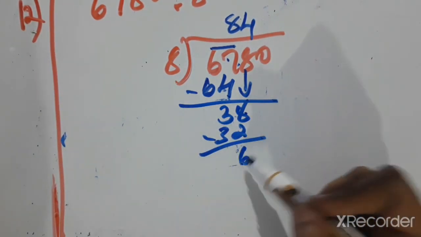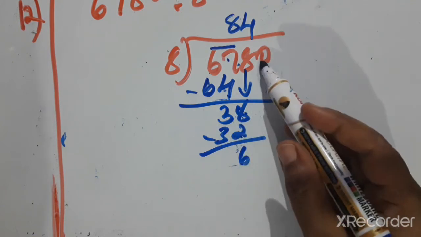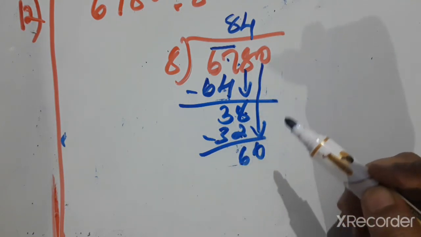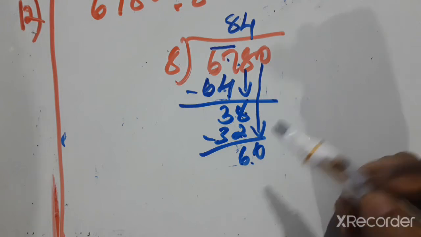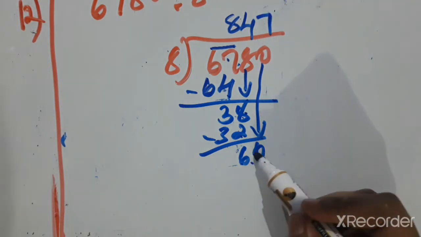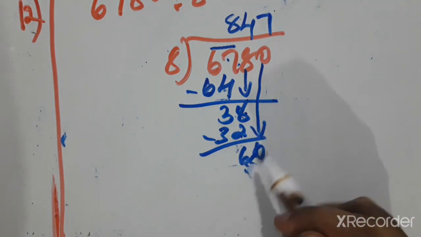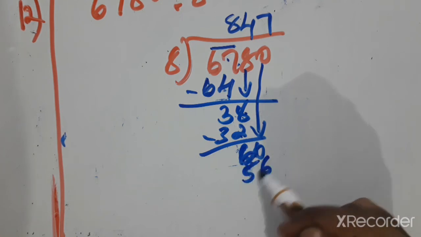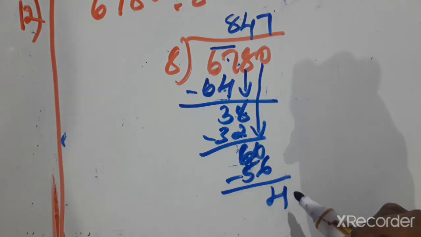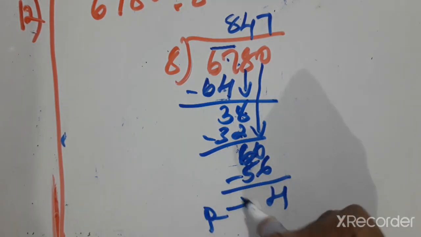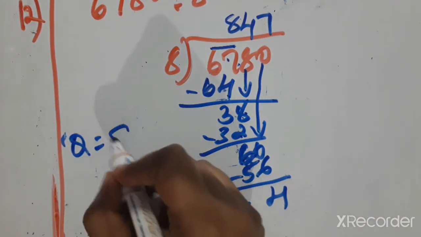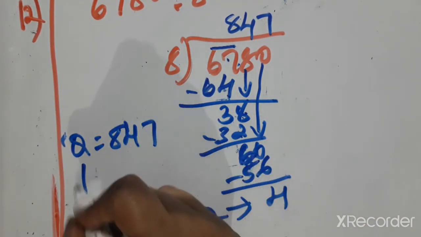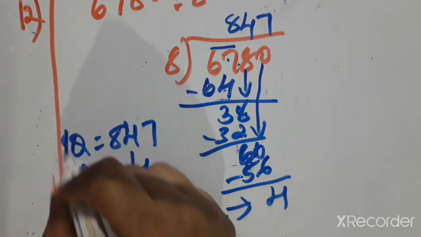Minus means 6 after subtracting. Bring this 0 down. 60. 8 how much is nearer to 60? That is 8 7s are 56. Subtraction value 4 is the remainder. Quotient is 847, remainder is 4.